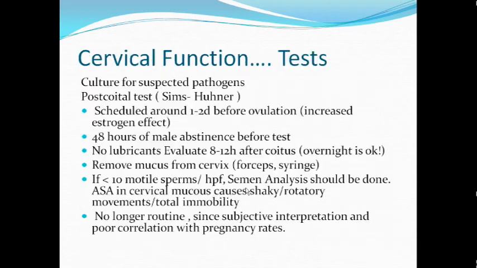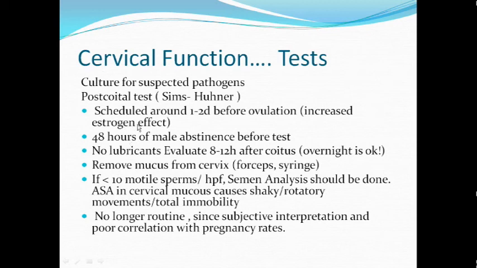uterine factor of subfertility. Different cervical function tests are available. If you are thinking there is an infection, you can go for culture for the suspected pathogen. If you are thinking there is a problem in sperm-mucus interaction, or anti-sperm antibodies are present, you can go for the postcoital test. It is also known as the Sims-Huhner test.